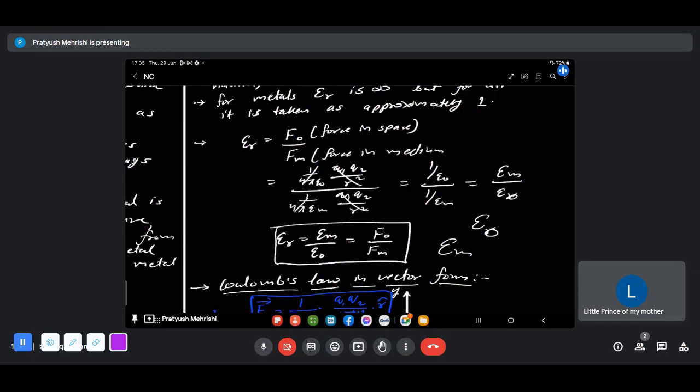Thus epsilon m upon epsilon naught is equal to F naught upon F m. Got it now? Sir, got it, sir.